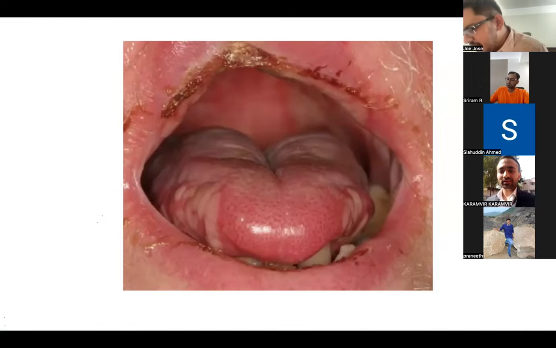Can you tell me, are you aware of the WHO grading for mucositis? WHO or CTCAE, any one of those? So CTCAE, the grades are there, sir, 1 to 4. Grade 1 is there when it does not hamper the oral intake of the patient.